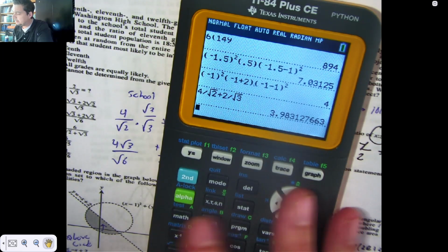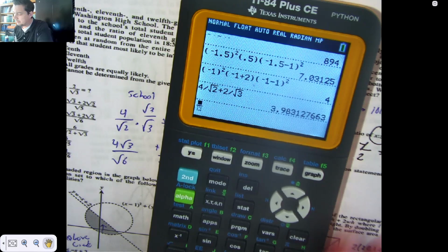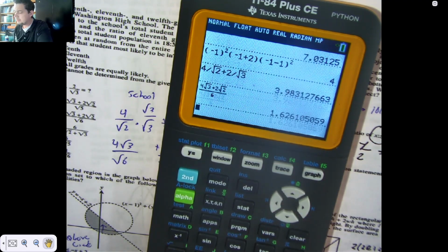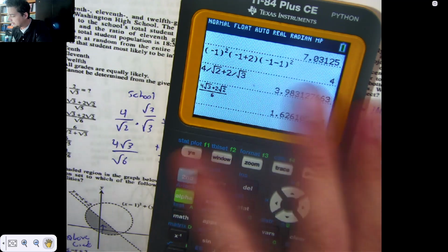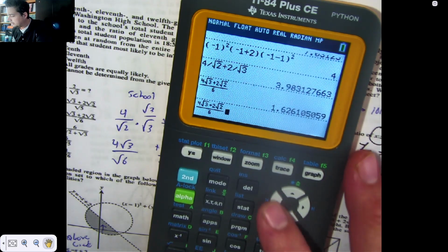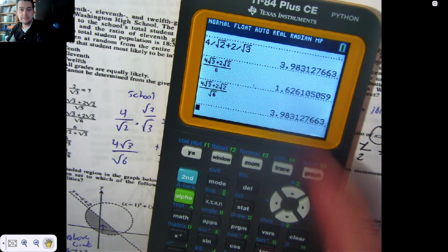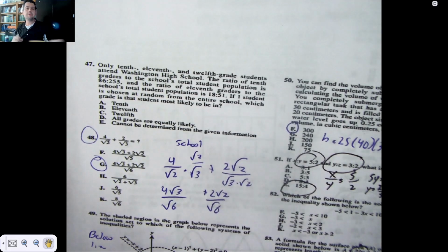Let's see, math number, which is 4 root 3 plus 2 root 2 over 6, or perfectly not. Oh, that's just funky. Did I mess up something when I typed in the original problem? 4 root 3, oh, I messed it up right there. I didn't put that over a radical, did I? Anyways, decimals match. Anyways, back to the word problem.